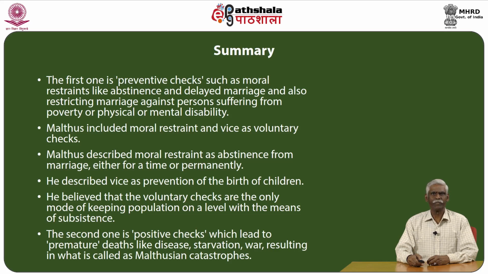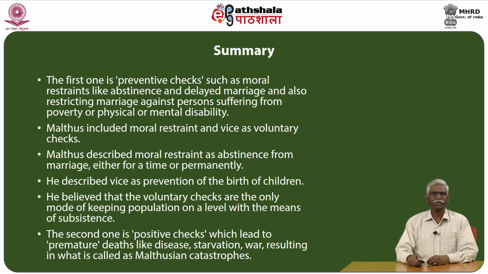Malthus included moral restraint and vice as voluntary checks. He described moral restraint as abstinence from marriage, either for a time or permanently, and he described vice as prevention of the birth of children. These also are issues which were subsequently criticized by later authors.